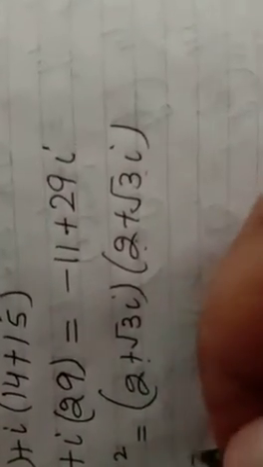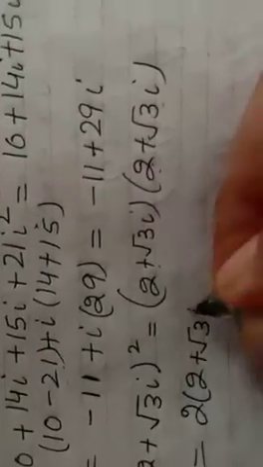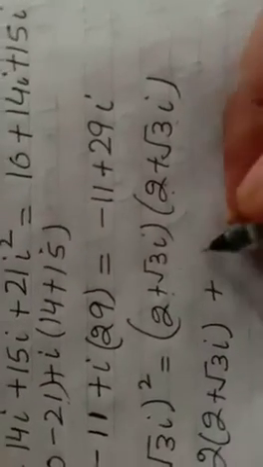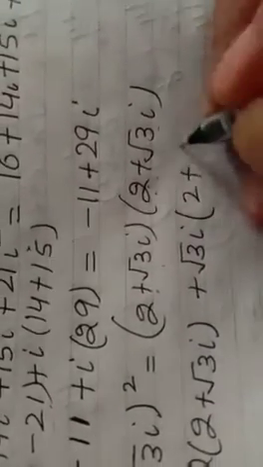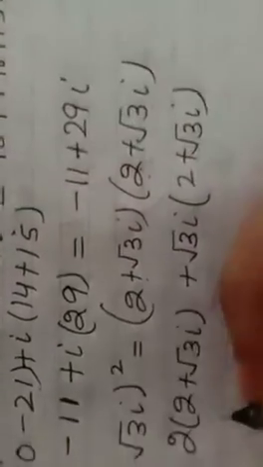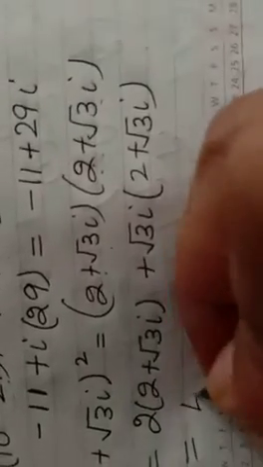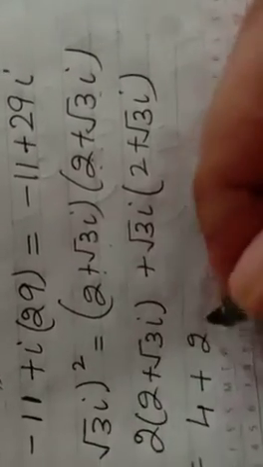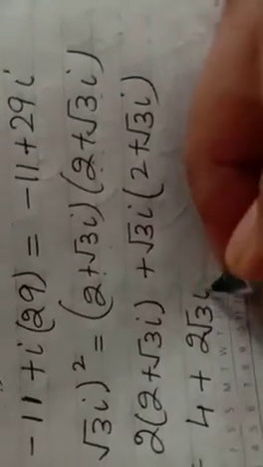So we will get 2 multiplied with the first 2 plus under root 3 iota, then under root 3 iota is remaining. This is also multiplied with 2 plus under root 3 iota, it becomes 2 to the 4 plus 2 under root 3 iota.